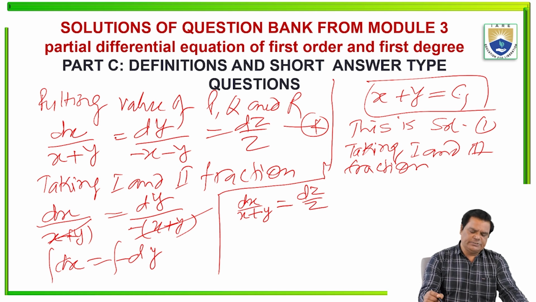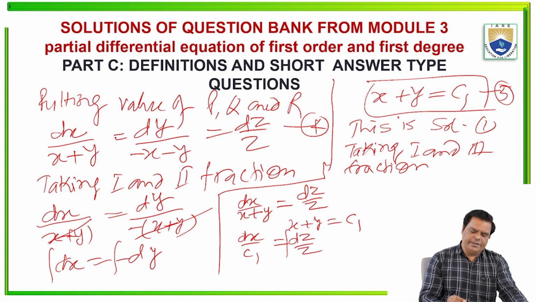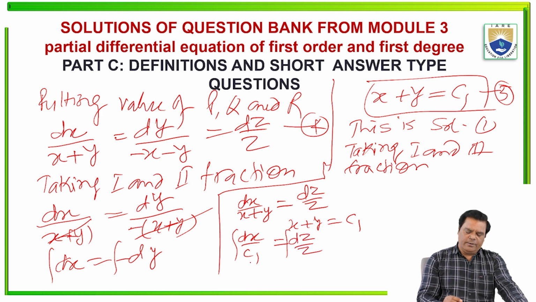Putting x plus y equal to c1 from equation number 5, we get dx upon c1 equal to dz upon z. Integrating on both sides, x upon c1 equal to log z plus log c2.